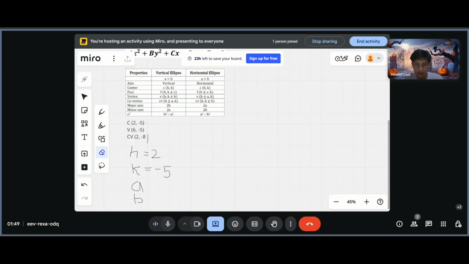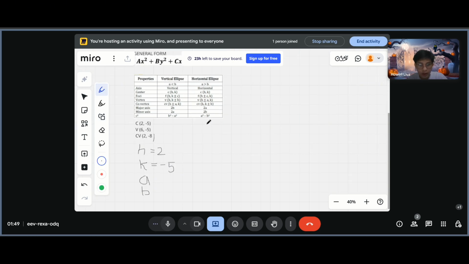Since the point of the vertex is given, we can say h minus a is equal to 6.